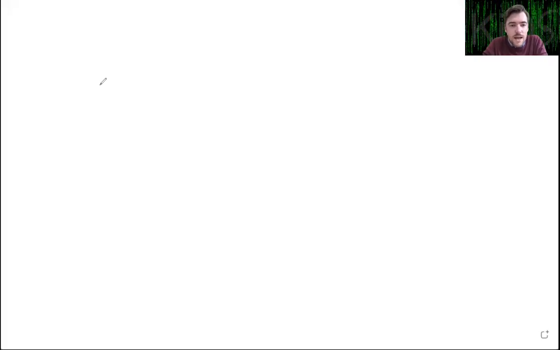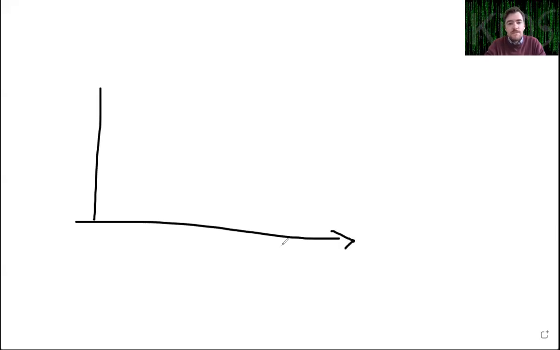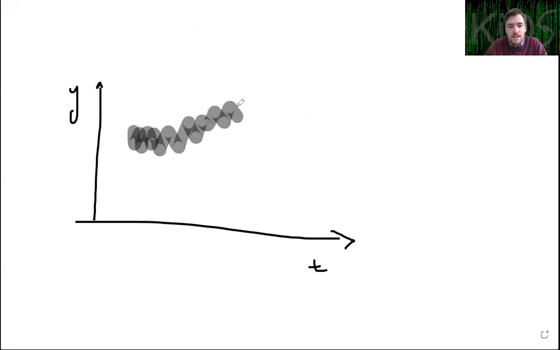So if you imagine a circumstance where you have a time series of some data. So this is like time on the x-axis and some value of a parameter on the y-axis, just call it y. And there's some distribution of data in this region. So let's just draw a cloud of data that looks something like that.